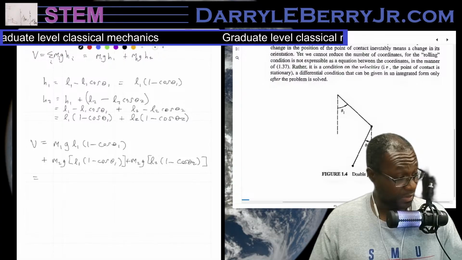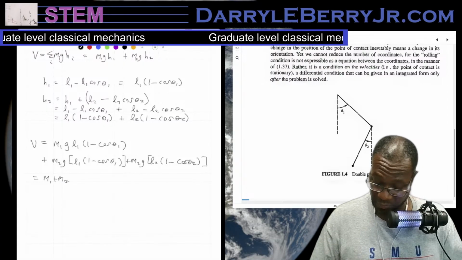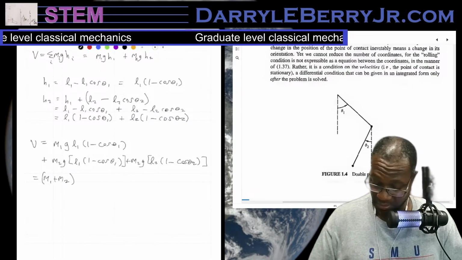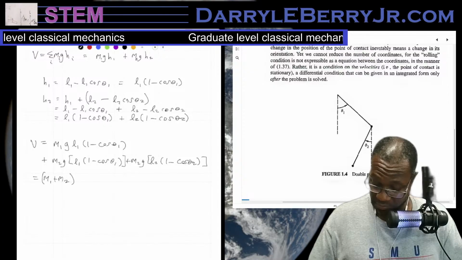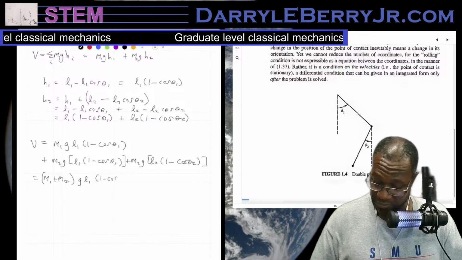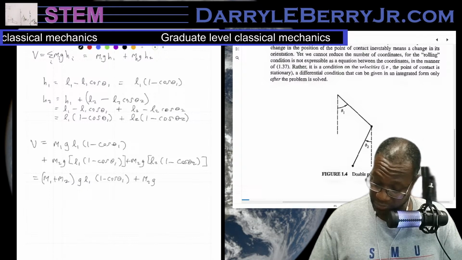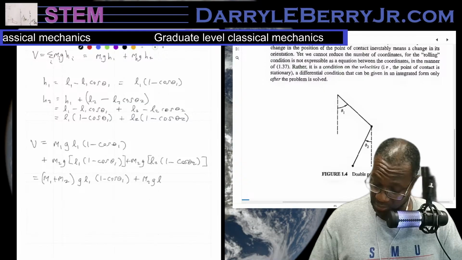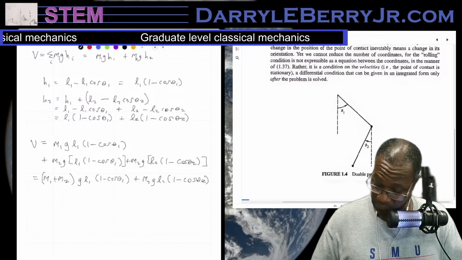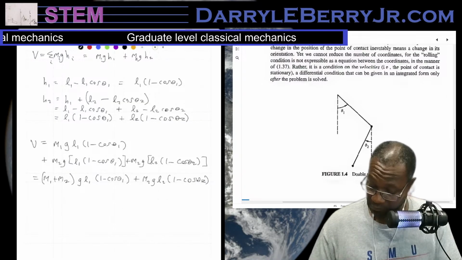So I can have M1 plus M2. Mine is positive since mine started from the bottom, so all of these potentials are positive. So it's M1 plus M2, g, L1, 1 minus cosine theta 1, plus M2, g, L2, 1 minus cosine theta 2. All right, so that's what we have.